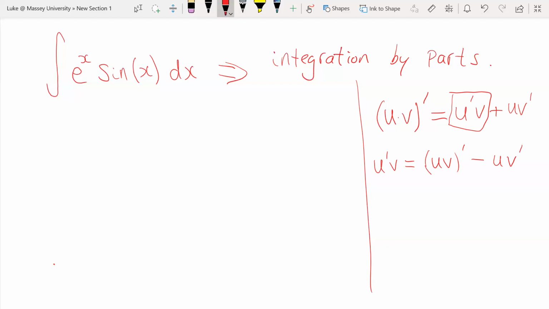And what I will do now is integrate both sides of that equation. Well, hang on, this should be dx, so let me fix it up. I'm just assuming the integration variable here is x. It could be t, it could be anything.